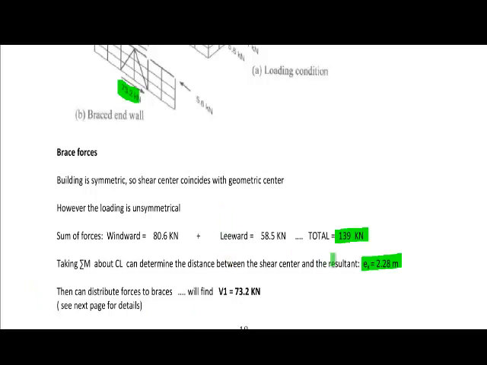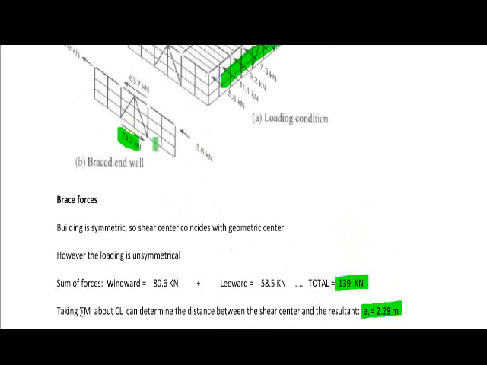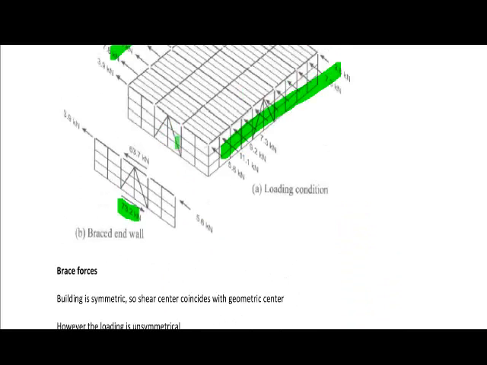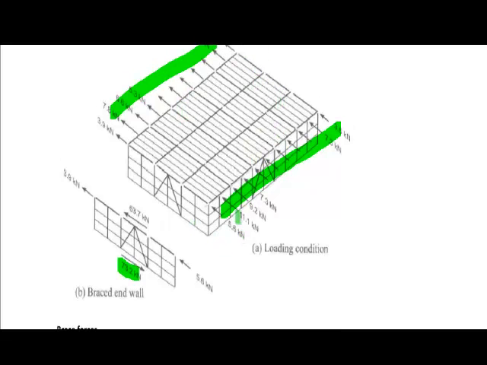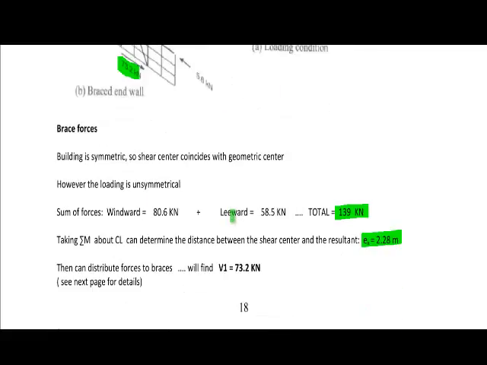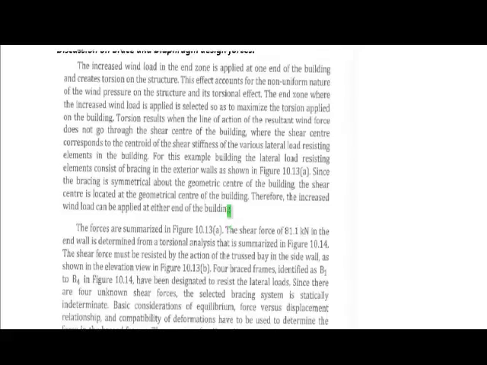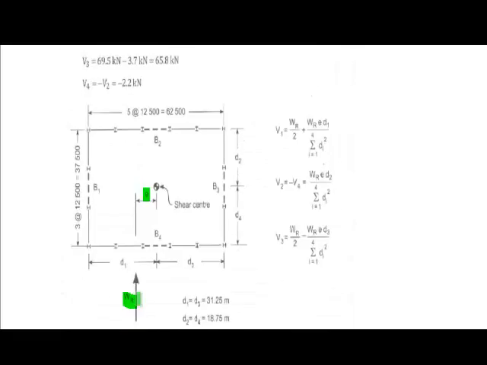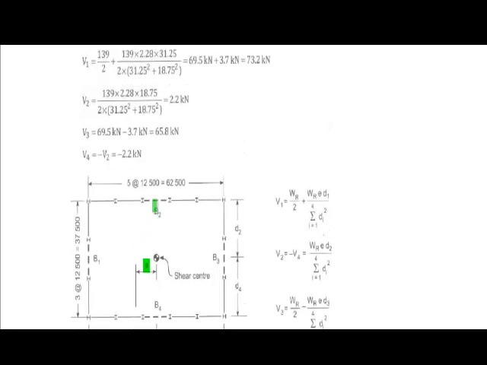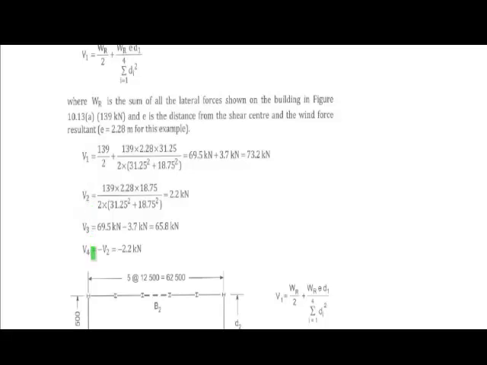And then with this resultant, this eccentricity, and these point loads, you can determine the forces on each of the braces. So on this side, on the other side, and even on these perpendicular sides. Okay, so you can read the details here. So what you need to do is put this resultant at this eccentricity, and then you can use these equations here to find the forces on each of the braces.